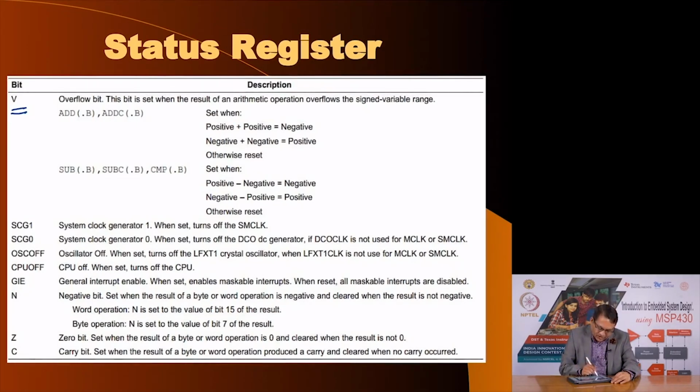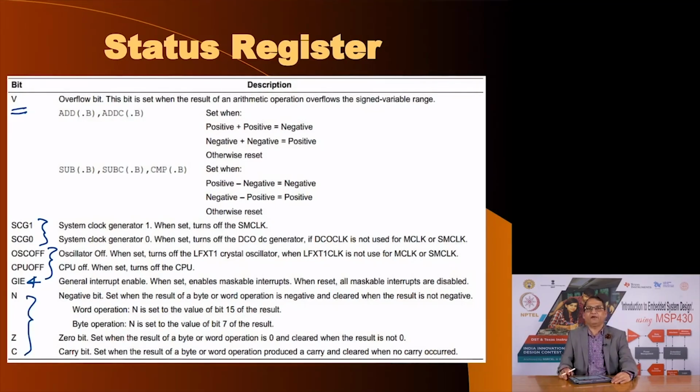We have these two system clock generator bits where you can turn on and turn off the main clock or the other clocks. You have oscillator off and so on, and here is the general interrupt enable, and then these are the 3 flags apart from the overflow flag.